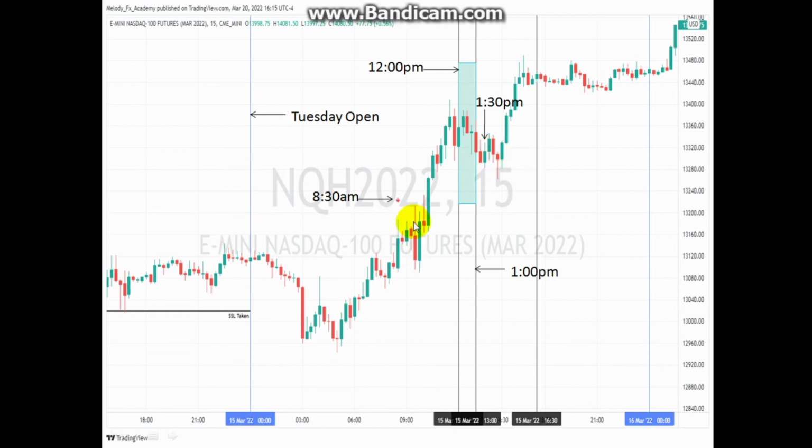If your daily bias is bullish, you should see some level of sell side liquidity smashed, taken out, to go higher.